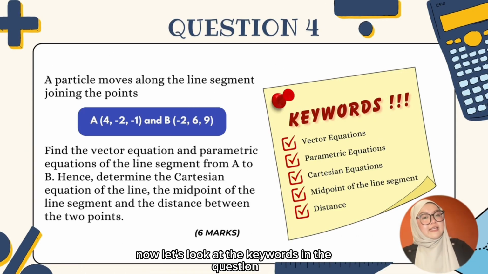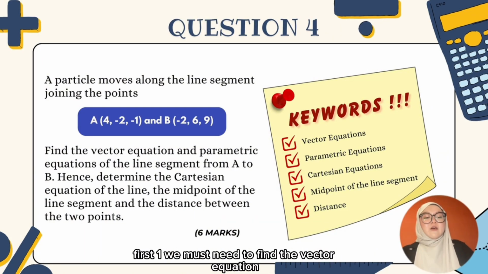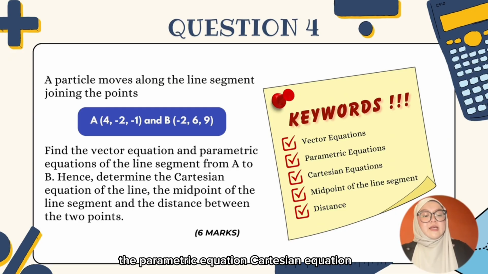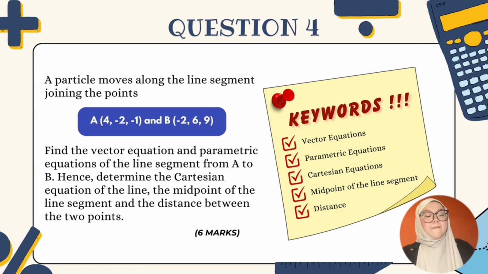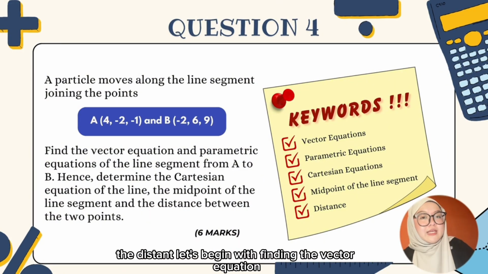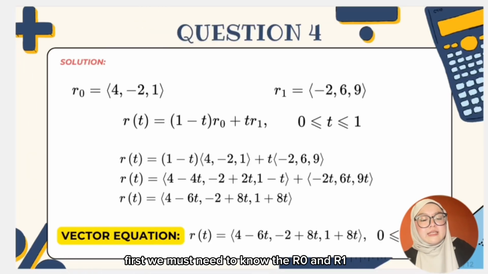Now, let's look at the keywords in the question. First, we need to find the vector equation, the parametric equation, the Cartesian equation, the midpoint of the segment, and lastly, the distance. Let's begin with finding the vector equation. First, we need to know r0 and r1.